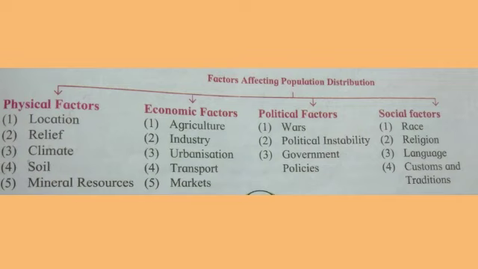In political factors, wars, political instability, government policies are responsible for population distribution. And in the last one, social factors, race, religion, language, customs and traditions also affect population distribution.